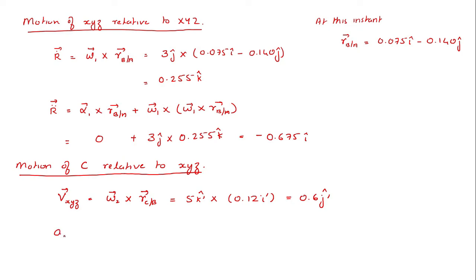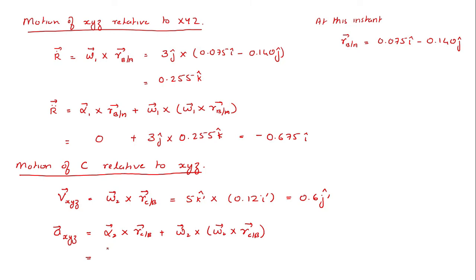Now the acceleration with respect to the secondary reference frame, small xyz, will be equal to alpha 2 cross r_C/B plus omega 2 cross omega 2 cross r_C/B vector.